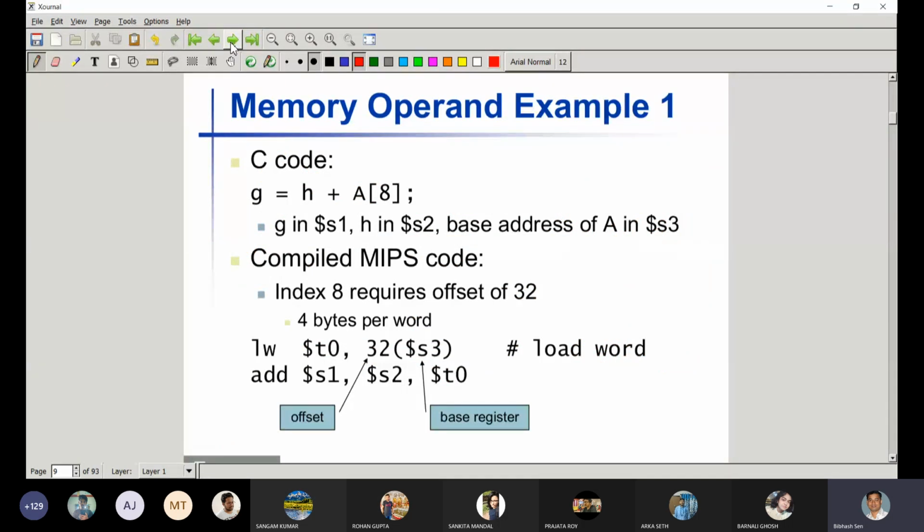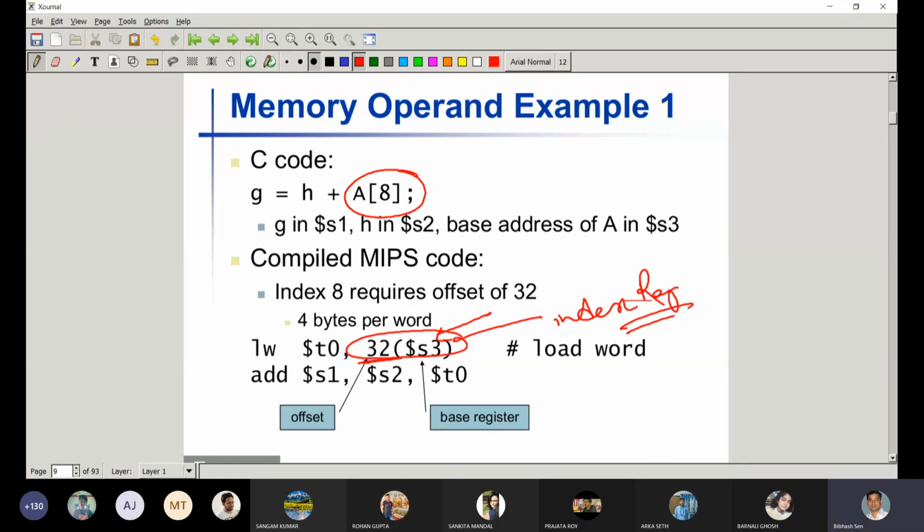Now the C code, again with an array. How can an array be used in MIPS? They specify the offset, and that will be the index. I think this is showing index register mode. Am I correct?